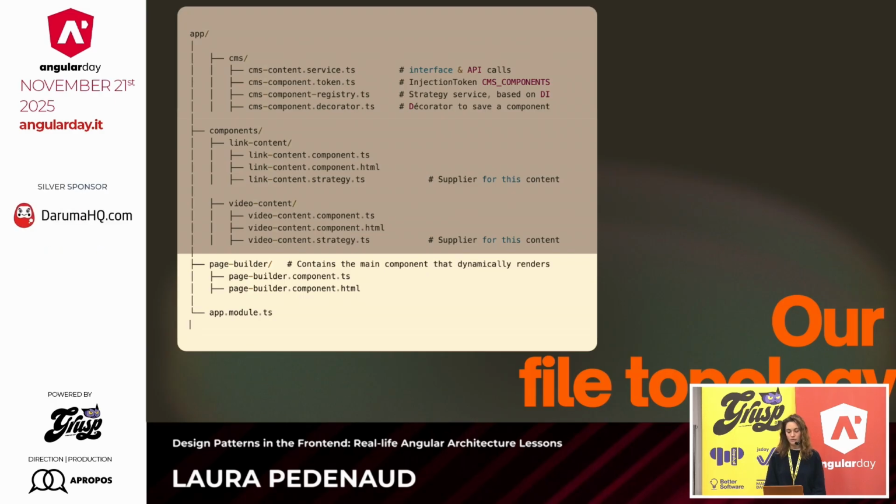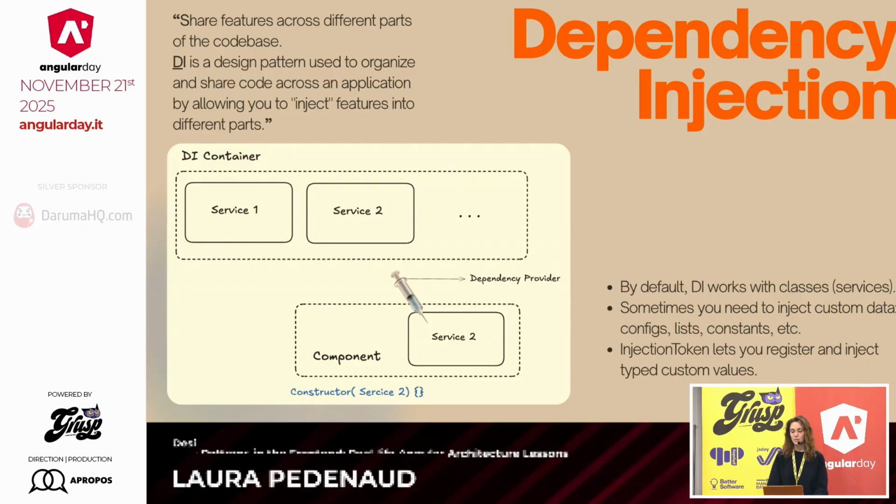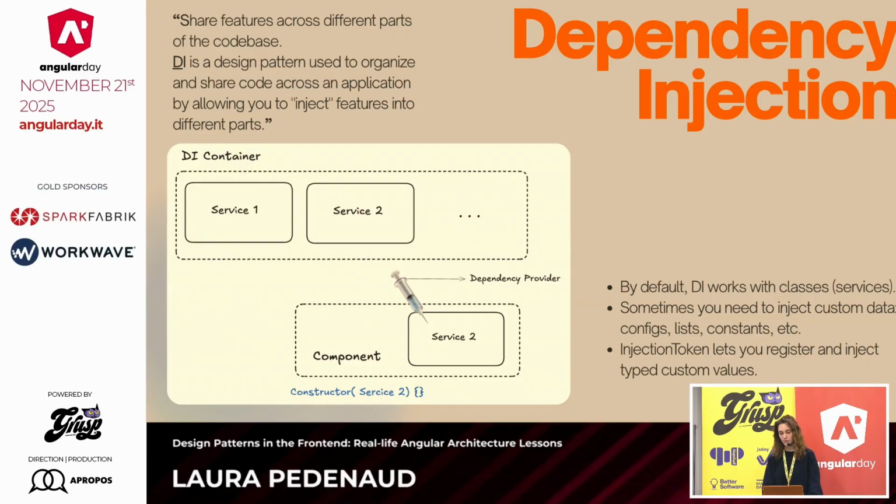So first let's talk a little about dependency injection. Dependency injection is a design pattern used to organize and share code across an application by allowing you to inject features into different parts.